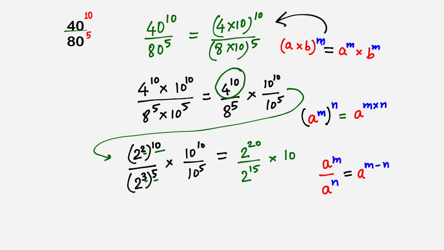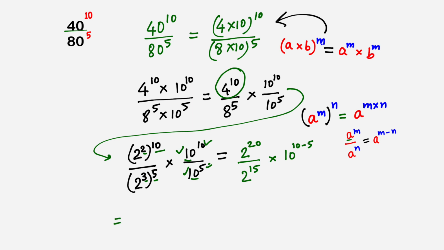So we will use the formula, if a raised to the power m is divided by a raised to the power n, so the bases are the same and the exponents are different, then it is equal to a raised to the power m minus n. As we can see in our question, 10 is raised to the power 10 and 10 is raised to the power 5. The bases are the same and the powers are different, so we subtract the powers: 10 minus 5.